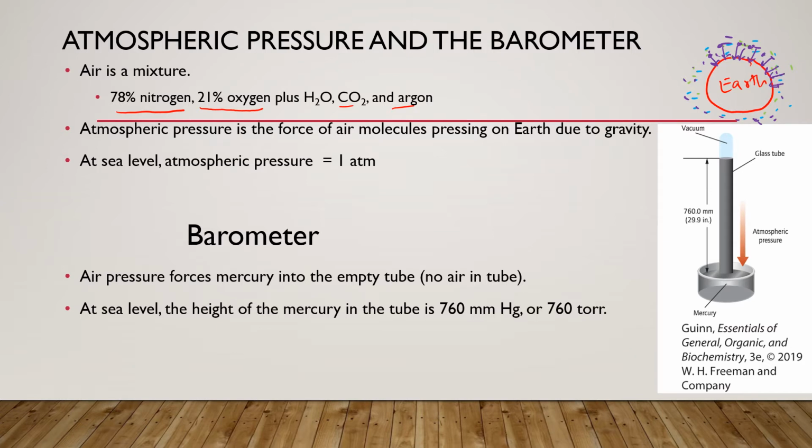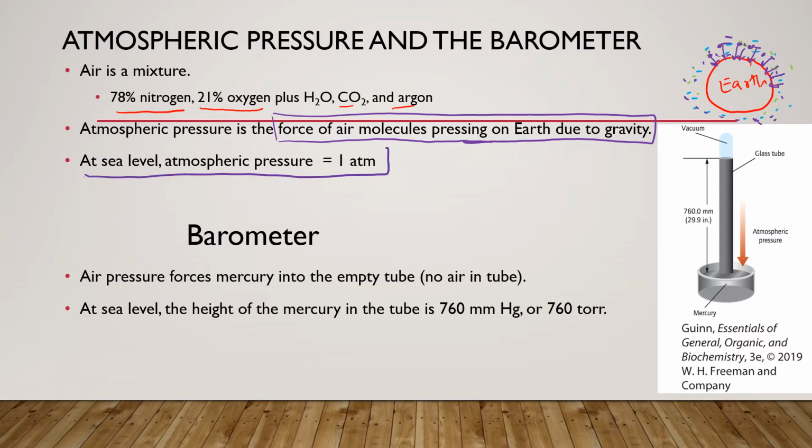The force of air molecules pressing on the earth due to gravity per unit area is the pressure of the atmosphere. So at sea level, atmospheric pressure is defined as 1 atm or 1 atmosphere. So that's the meaning of atmospheric pressure.